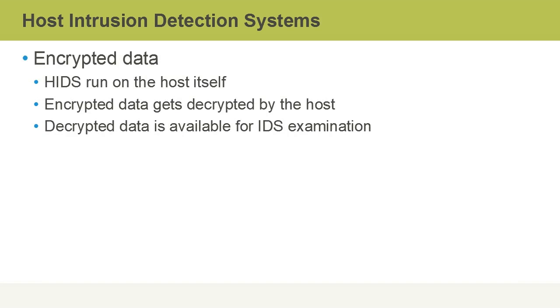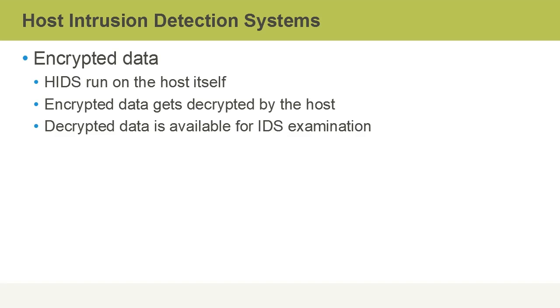With a host intrusion detection system, it has the ability to run on a host itself as opposed to a network. What this means is for applications that deal with network encrypted data, that network encrypted data gets decrypted by the host. This means then that the decrypted version of that data is then available for IDS examination.